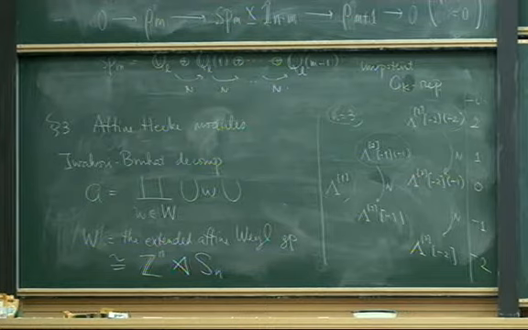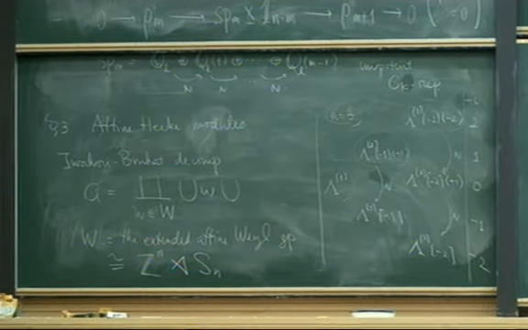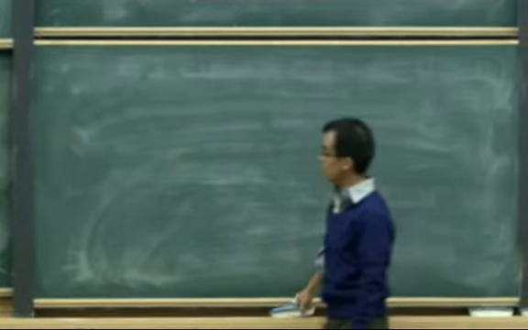So usually when you do the local Langlands, you make the Galois representations correspond to the irreducible representations.